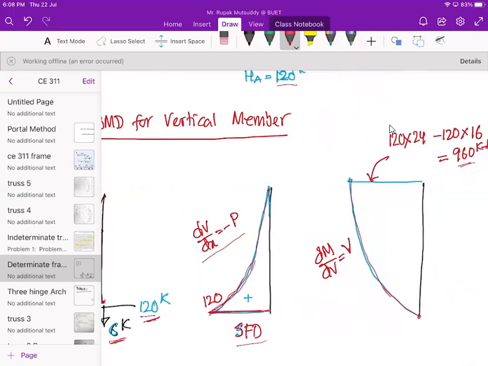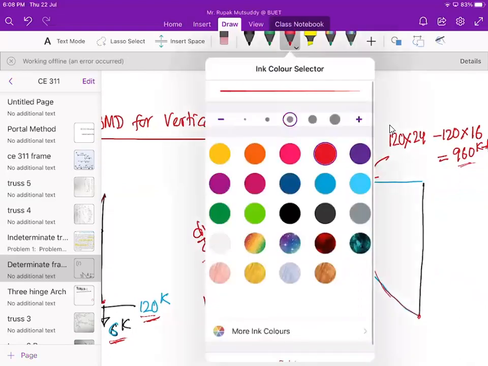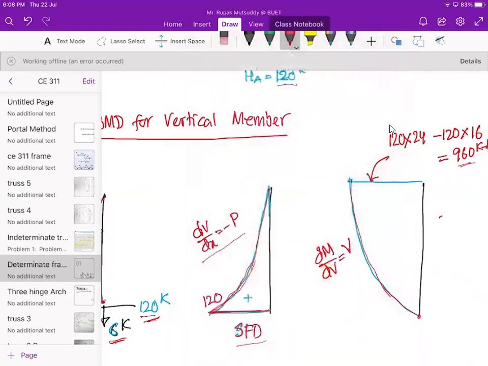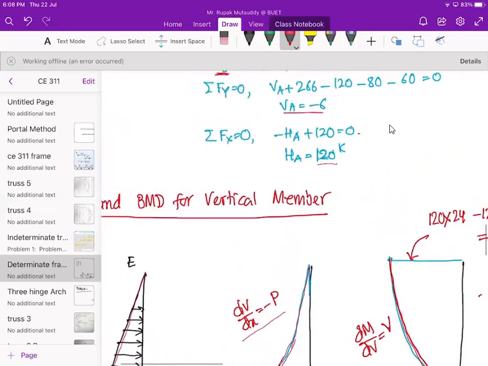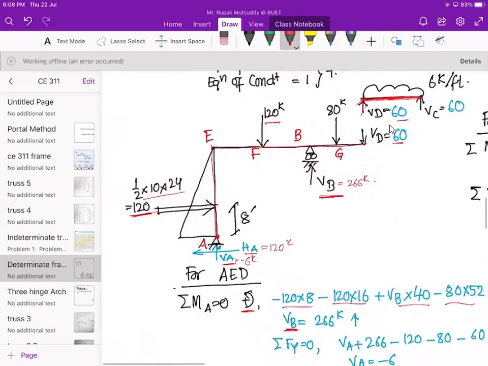And for the bending moment diagram, there is no moment at this point, and the moment will gradually increase like this. And how do we get this value? If you look at the column, at just the bottom part, it's HA.